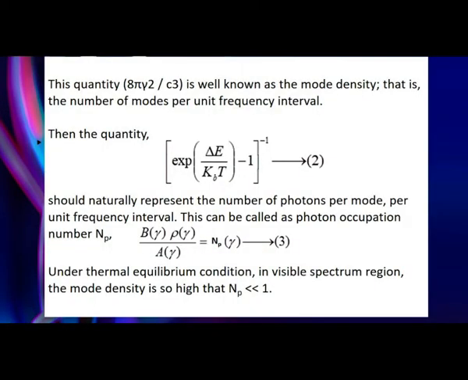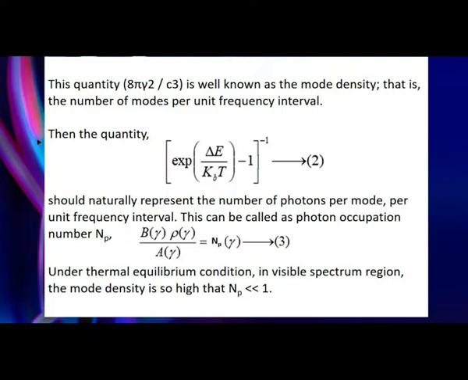That means you have so many modes, and the number of photons that can be put in a particular mode is the photon occupation number. Imagine a hospital cabin with 20 beds, which means only 20 people can be accommodated. In a similar fashion, we are saying how many photons can be put in each mode. That is called the photon occupation number.